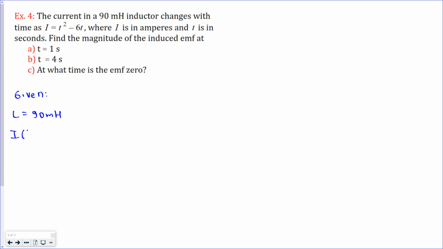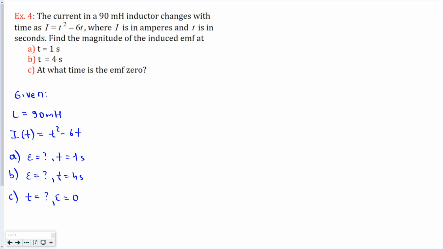We're asked to find in A part the induced EMF when time is 1 second, and in B part we are asked to find the induced EMF also when time is 4 seconds, and in C part we are asked to find the time when the induced EMF will be equal to 0.